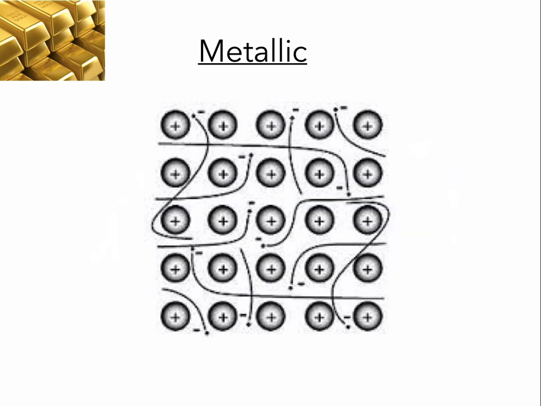The last type is metallic compounds, and what's very interesting about metallic compounds is it's this huge compound made out of just one metal. Up here we see gold, okay? So you can imagine this is nothing more than moles and moles and moles of gold. And what it really looks like is the atom itself. Now these are not ions. Let's think about that as the proton of the metal and these as the electrons.